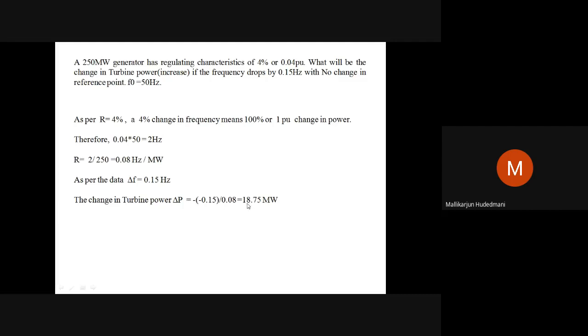So here the turbine's incremental change in power is 18.75 to address the 0.15 hertz drop back to nominal. This is another simple example that cites the application, which makes you take a slightly magnified approach.